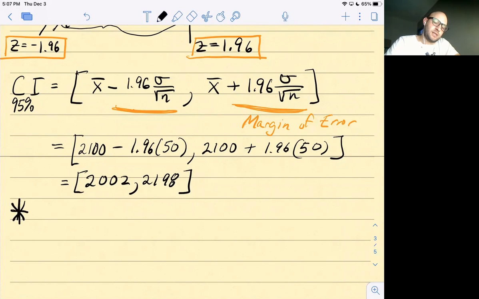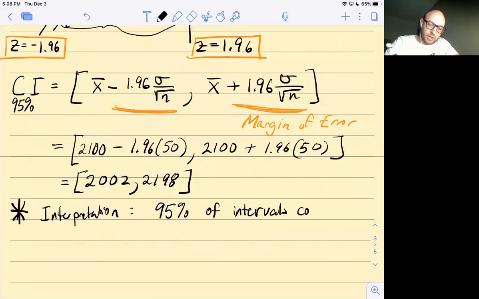All it says is that 95% of intervals constructed this way contain the true mean.